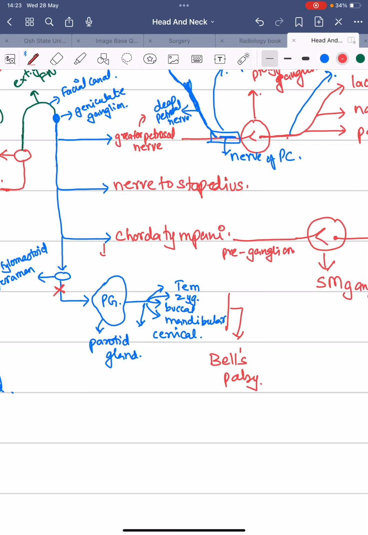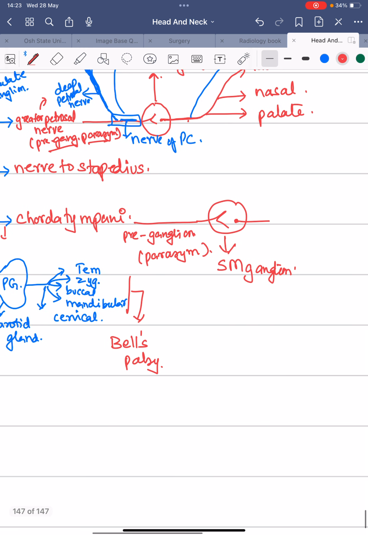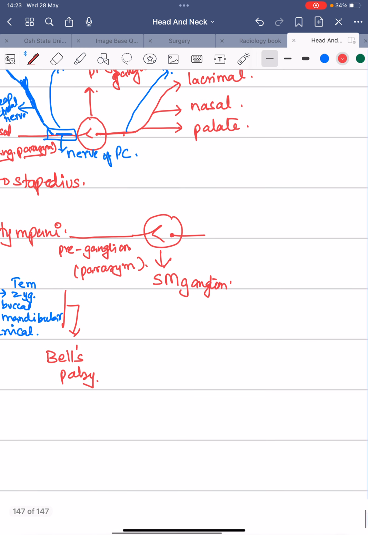This is also your preganglionic parasympathetic nerve fibers. Okay, so chorda tympani contains what? Preganglionic parasympathetic secretomotor nerve fibers to the submandibular ganglion, and here it is going to form.